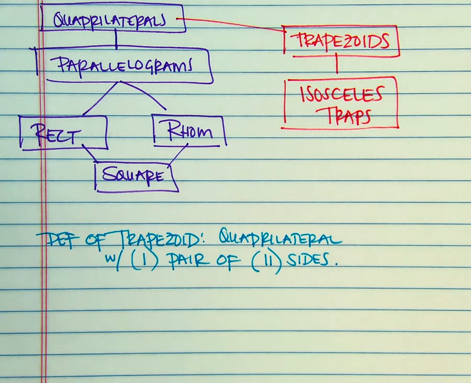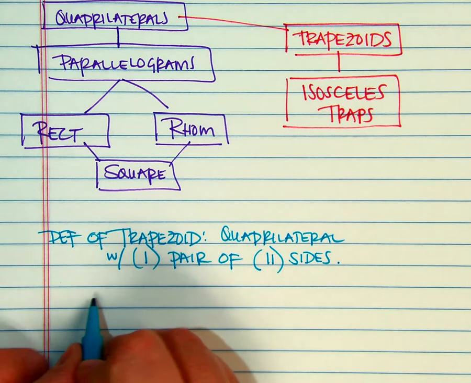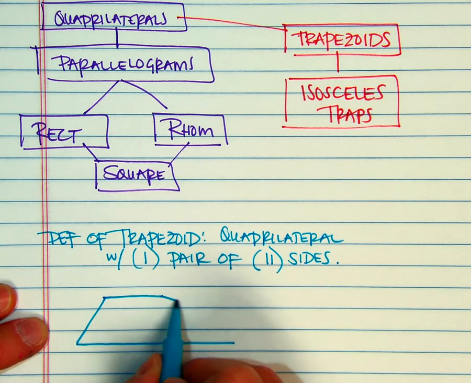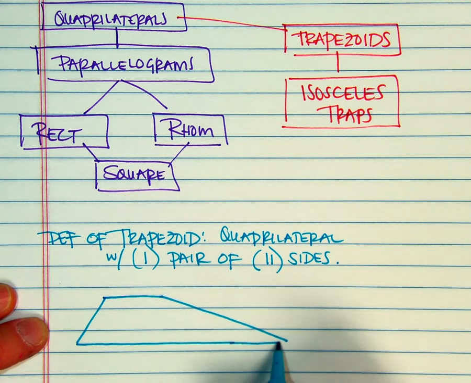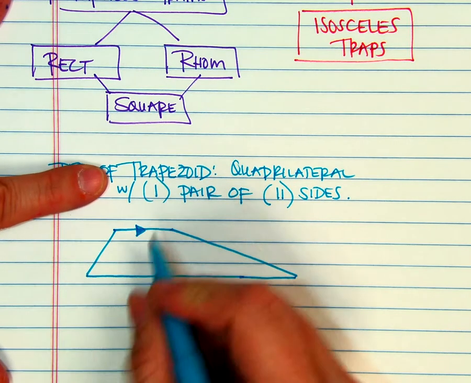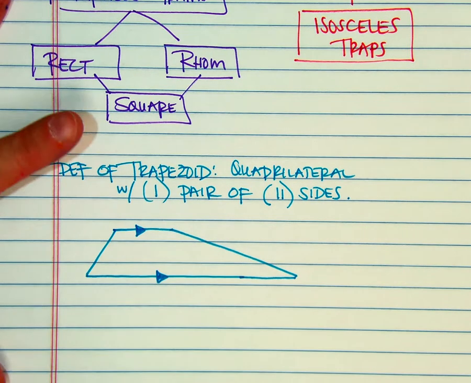So again, unlike parallelograms, which have two pairs, this only has one pair. Okay, so if we have a trapezoid, I'm going to really exaggerate it here. If I have a trapezoid, that means these are parallel.